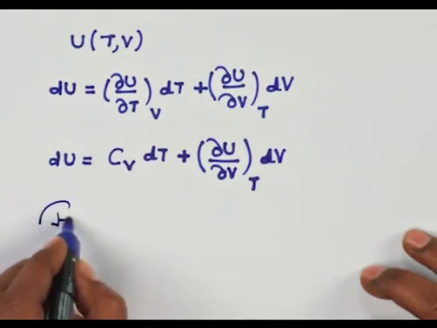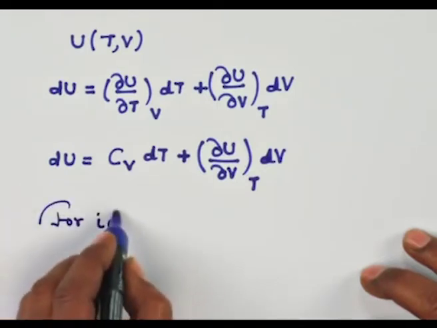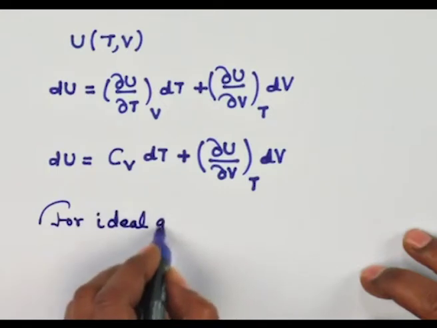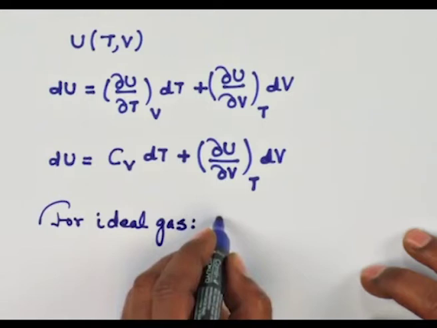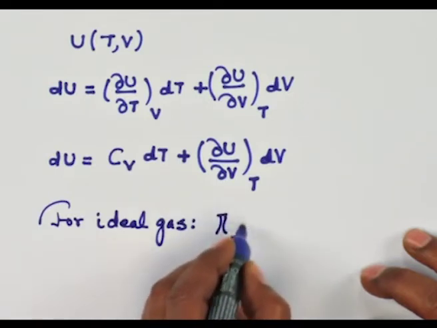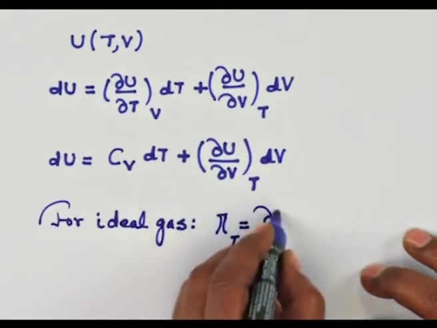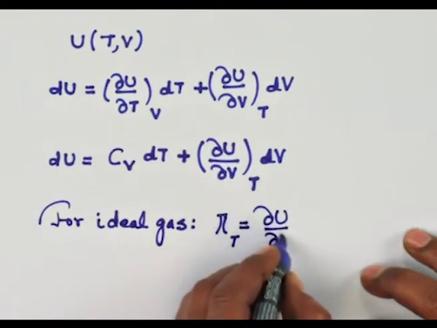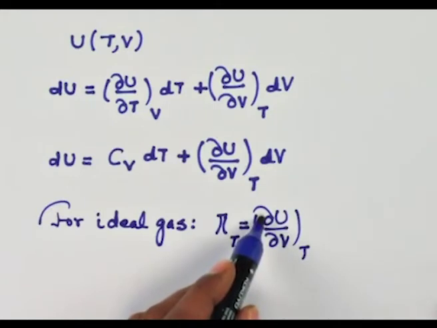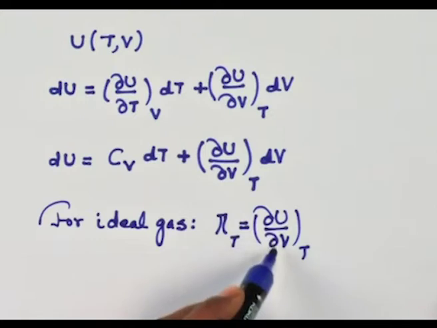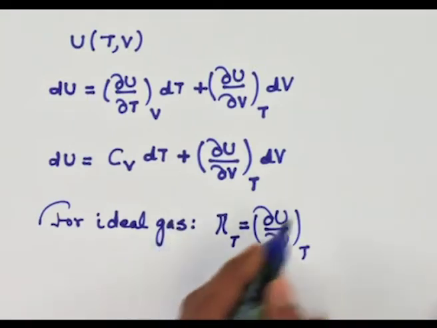And you know that for ideal gas or perfect gas, I will introduce this definition π_T, which is equal to the variation of internal energy with volume at constant temperature. You know that if the temperature is held constant, the internal energy of a perfect gas does not change because there are no intermolecular interactions.